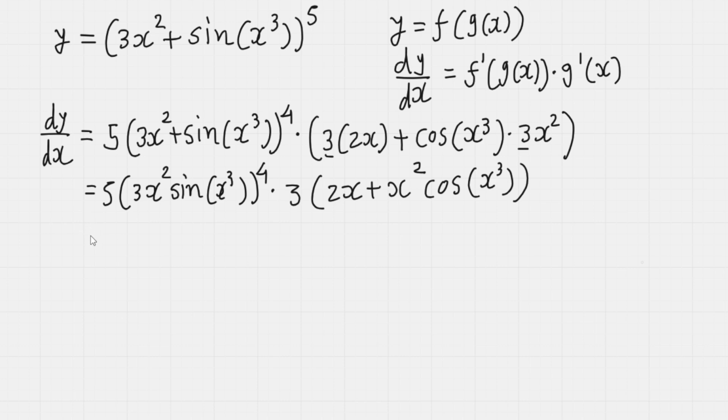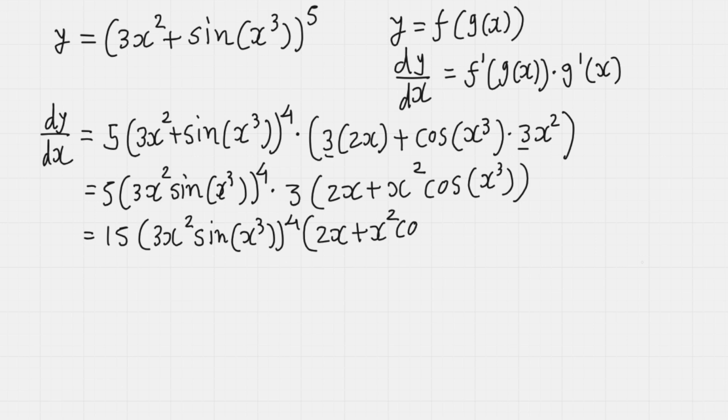Once again we can simplify this. We can just multiply 5 and 3, so it would be 15, and everything else will stay as it is. So 15(3x² + sin x³)^4, in another parenthesis (2x + x² cos x³). Okay, this is our derivative.